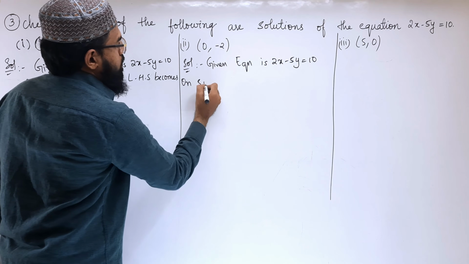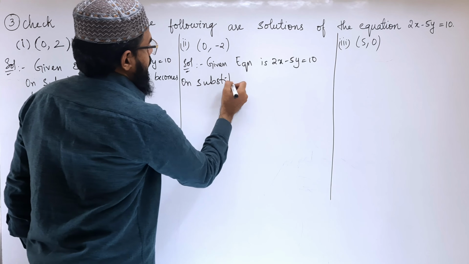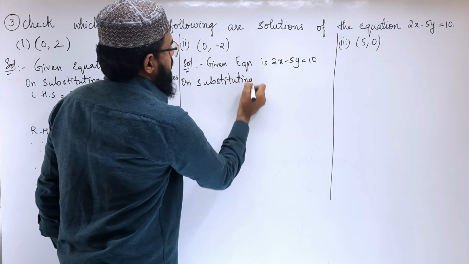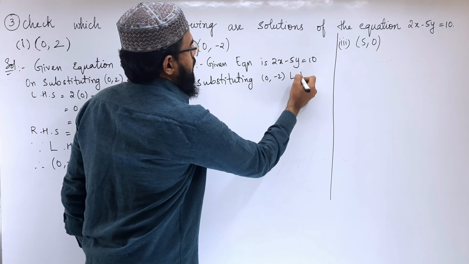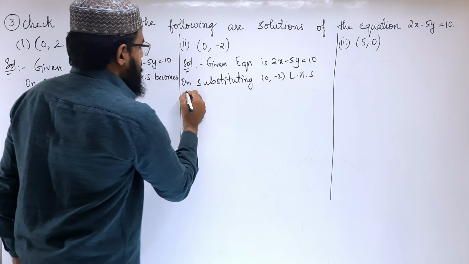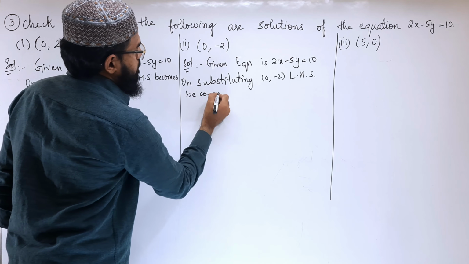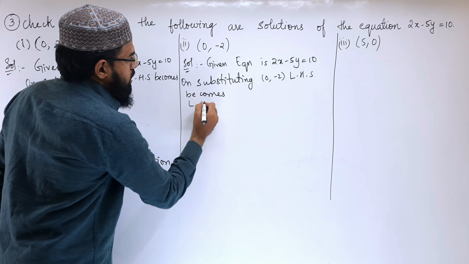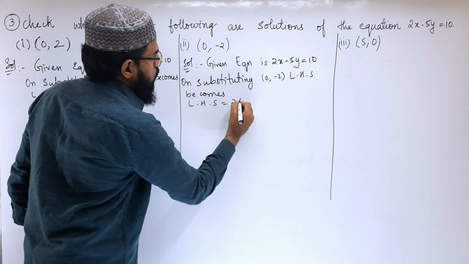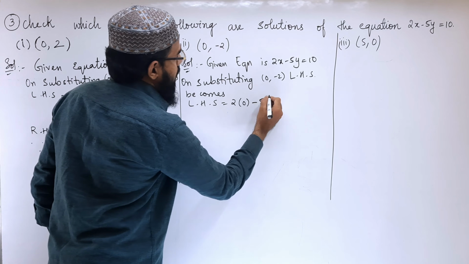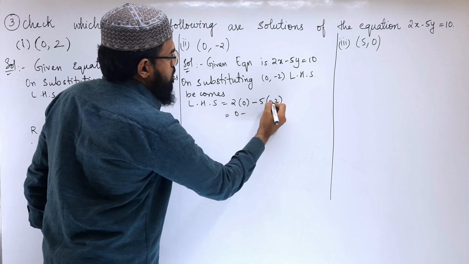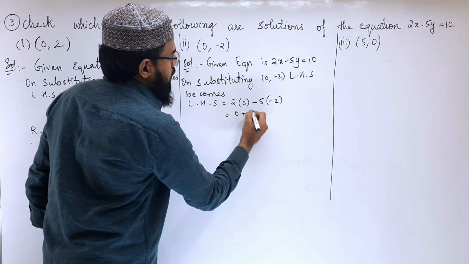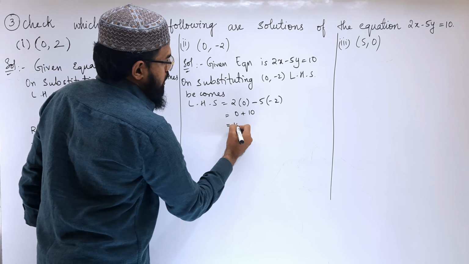On substituting (0, minus 2), LHS is equal to 2 of 0 minus 5 into minus 2. So 2 zeros are 0, minus into minus plus, 5 2s are 10. So 0 plus 10 is 10.